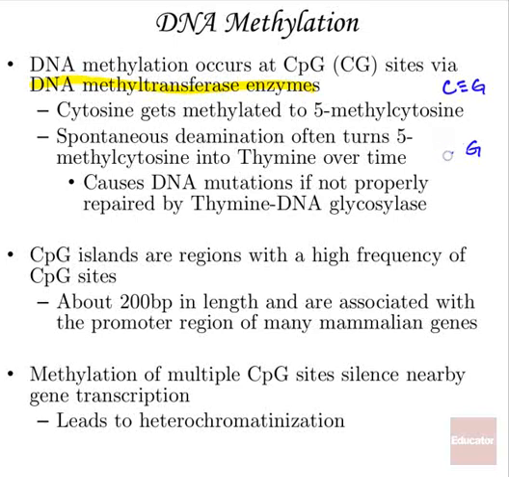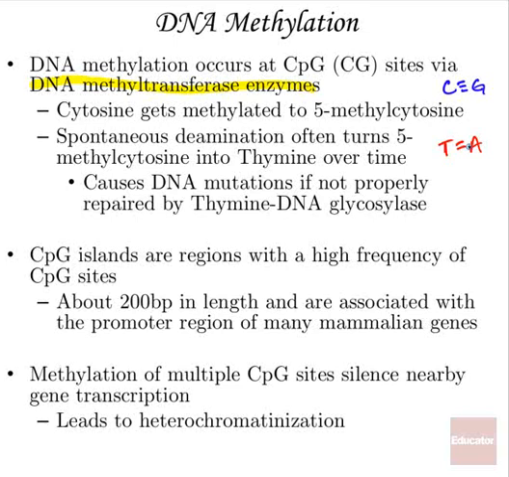But if this T is not repaired, but the G is repaired to an A, now we have a difference in the original base sequence. So an epigenetic change has actually turned into a genetic change that gets passed on to the next generation. Okay? So this can cause DNA mutations if not properly repaired.